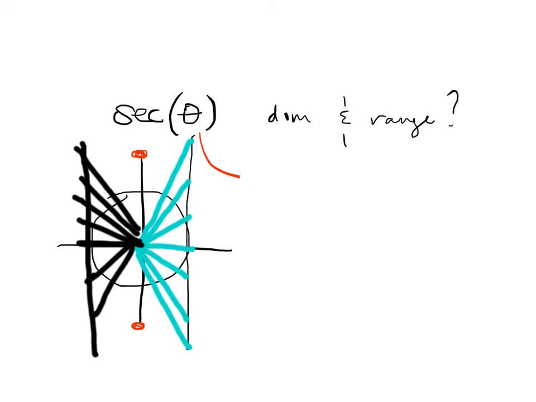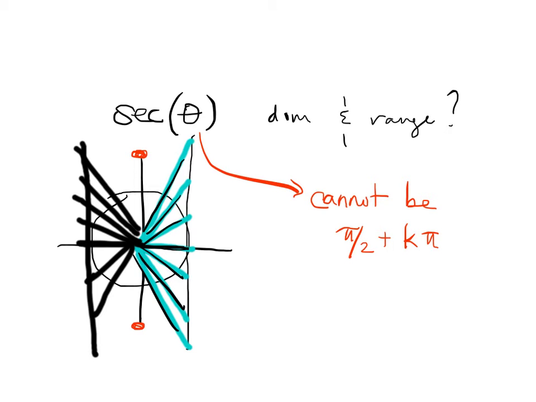So theta cannot be pi over 2 plus any multiple of pi. And the range of values for secant is at its smallest right here. And then it gets bigger, and it gets bigger.